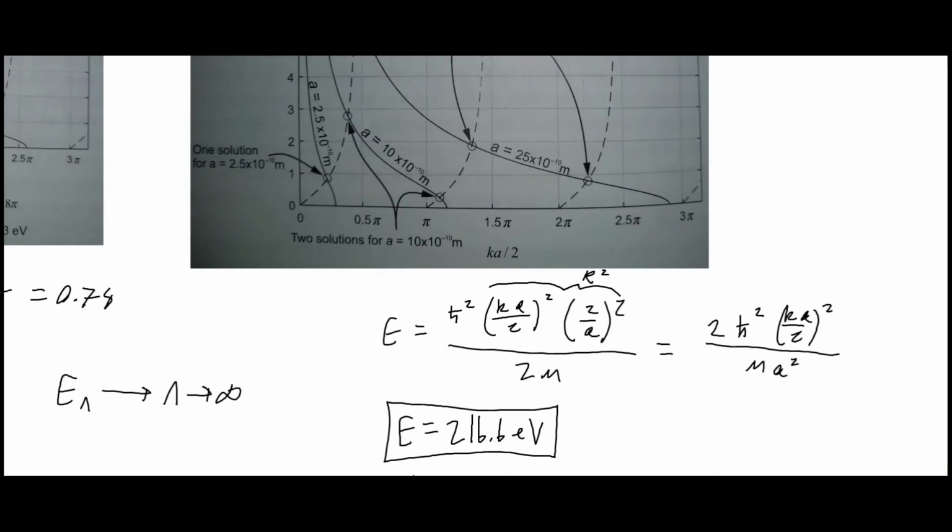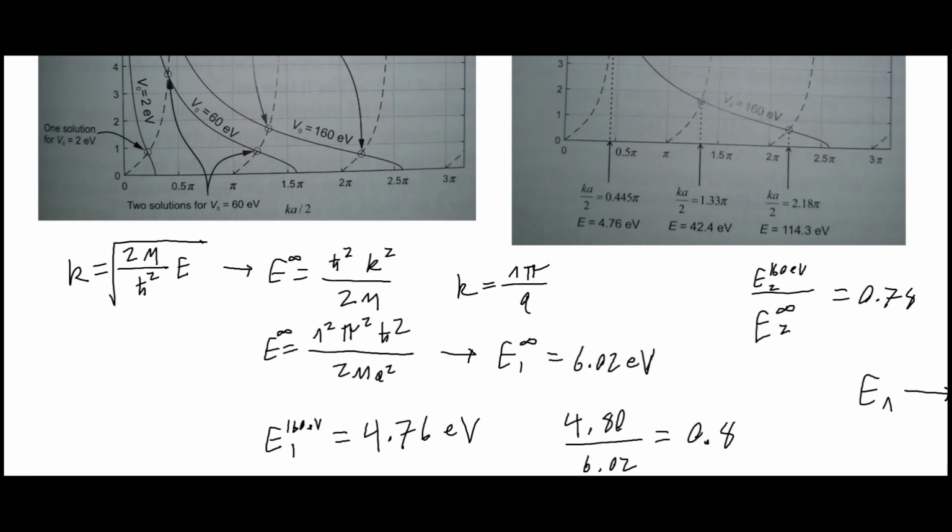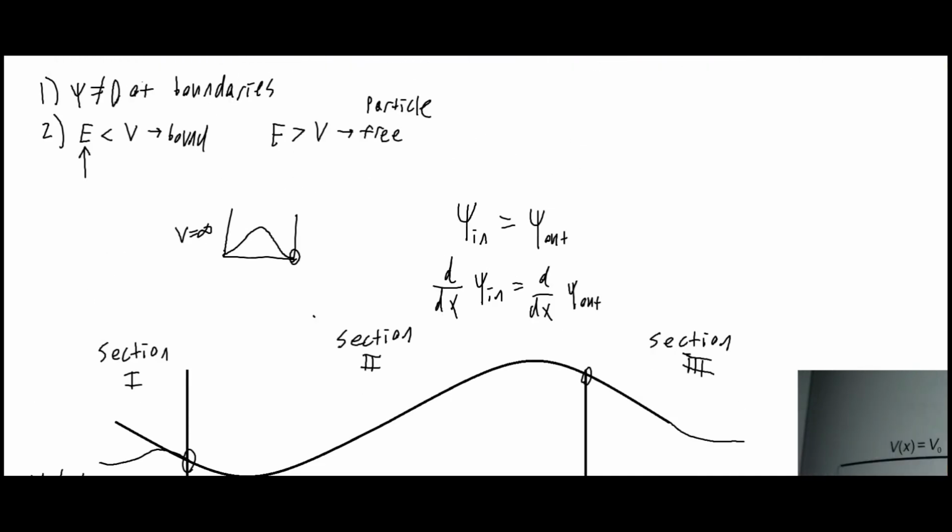And so those are the two take-home messages from this video: the function is not 0 at the boundaries, and if the energy is below the potential here, the particle is bound.